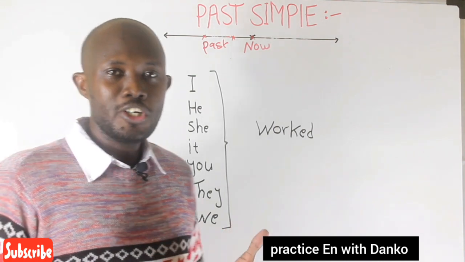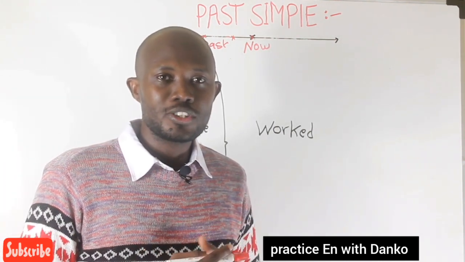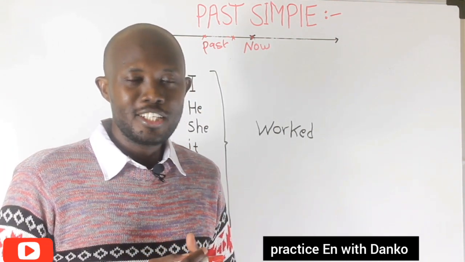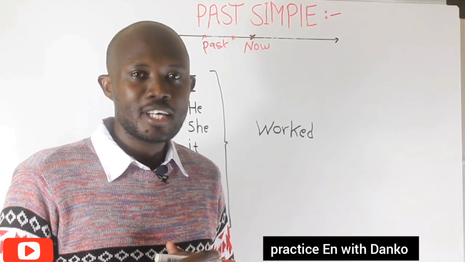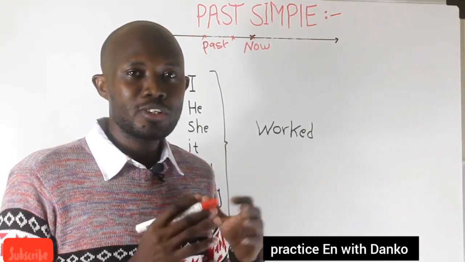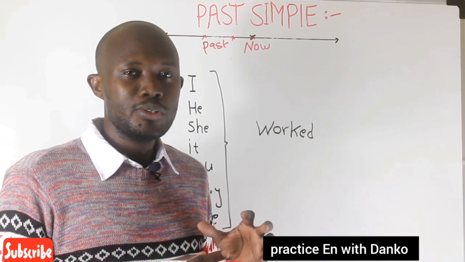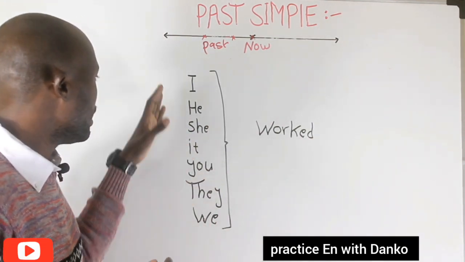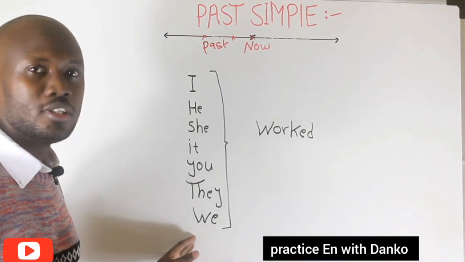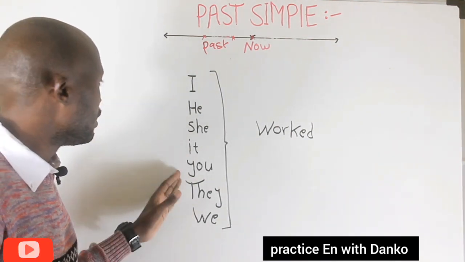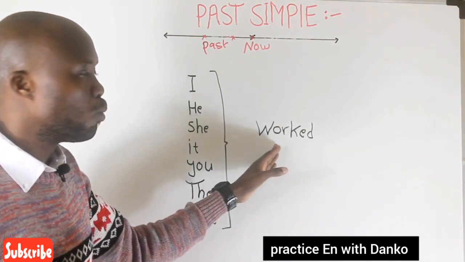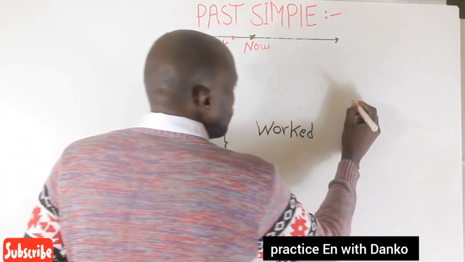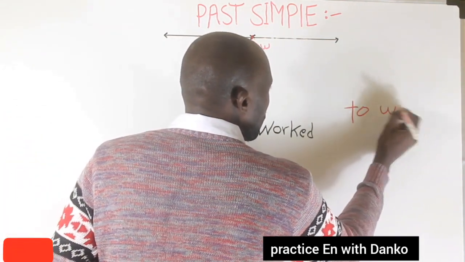As you know, the past simple is most necessary when we explain something that happened in the past. And there are also rules to use it. So let's use these pronouns, as you see here, with the verb work, or to work.